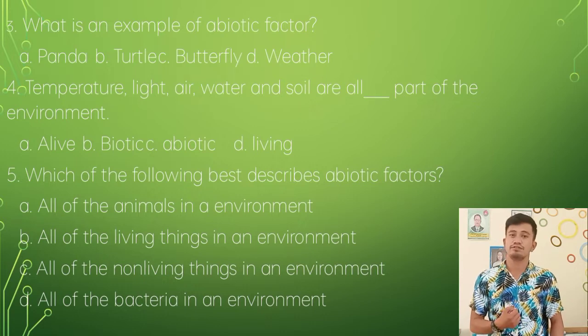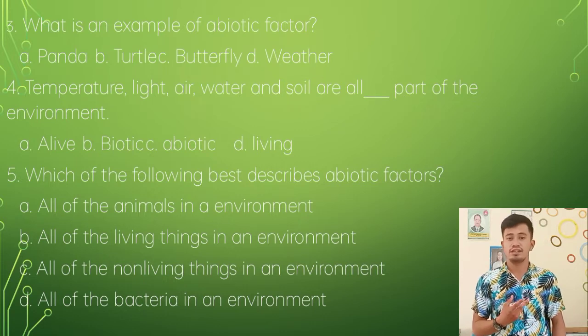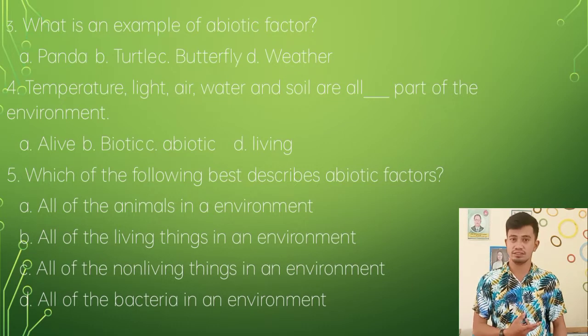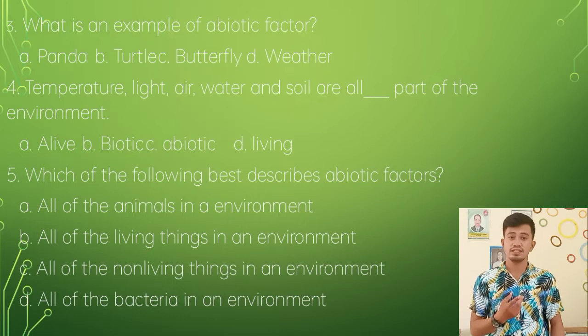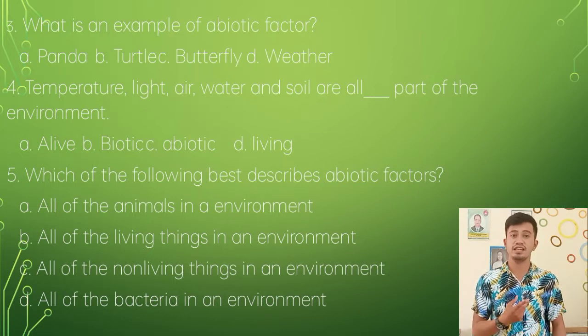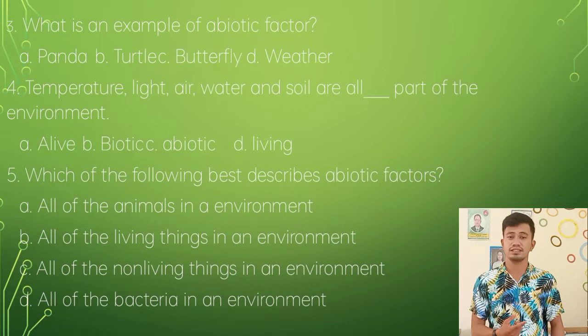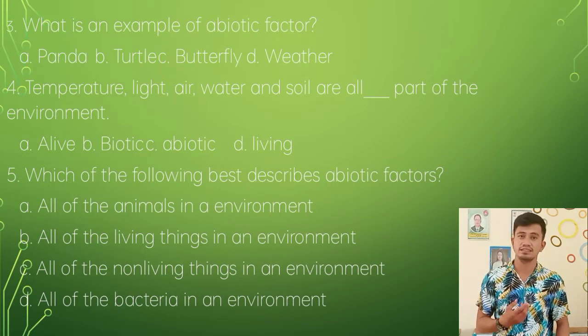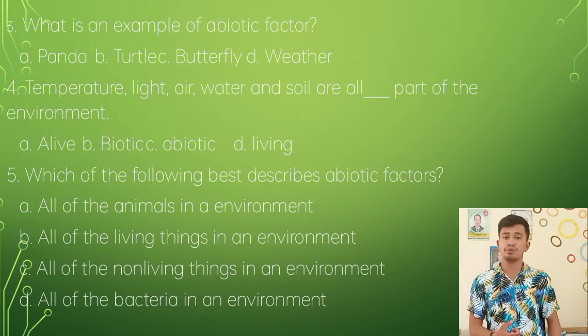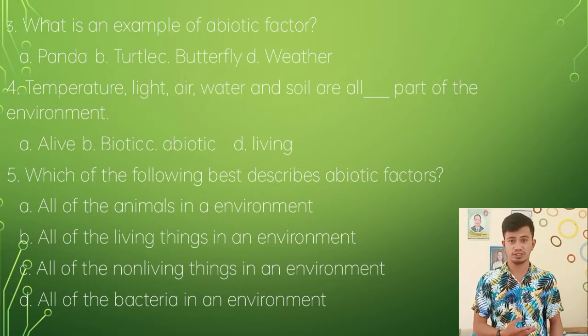For number 4, temperature, light, air, water, and soil are all blank parts of the environment. A. Alive. B. Biotic. C. Abiotic. D. Living. The correct answer is letter C. Then the last number, which of the following best describes abiotic factors?